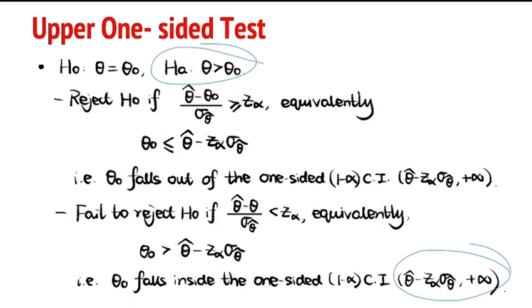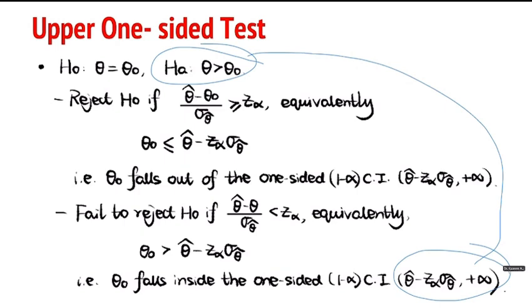I'm going to say that again: you use the lower one-sided confidence interval to make a decision regarding the upper one-sided test. Please take a look at that.